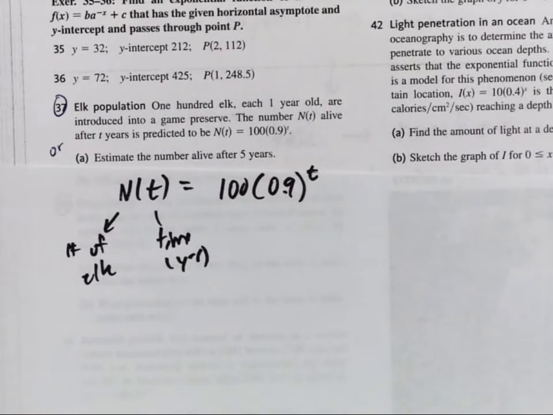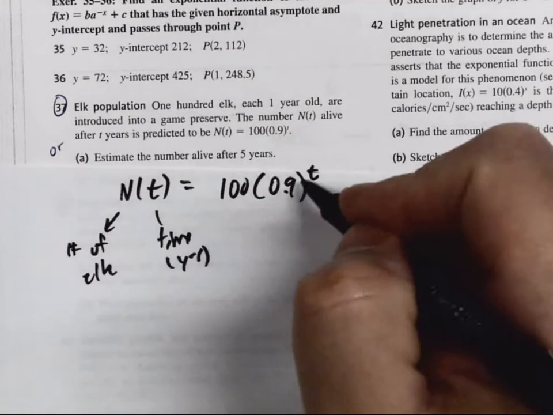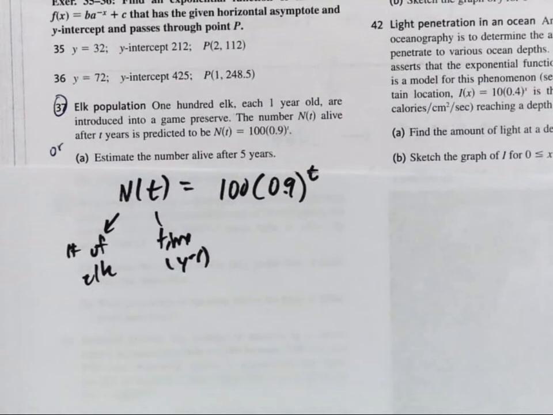Now, first of all, just out of interest, now that we've been talking about exponential equations, does this kind of problem represent exponential growth or exponential decay? In other words, as time gets bigger, is this thing growing or is it shrinking?